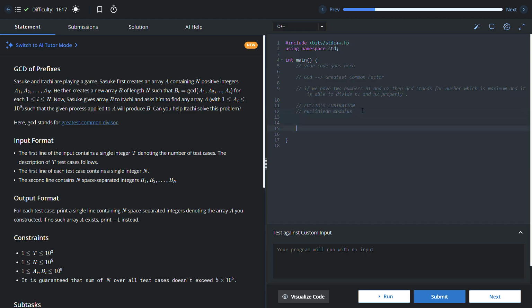For example, we have to find the GCD of n1 comma n2.